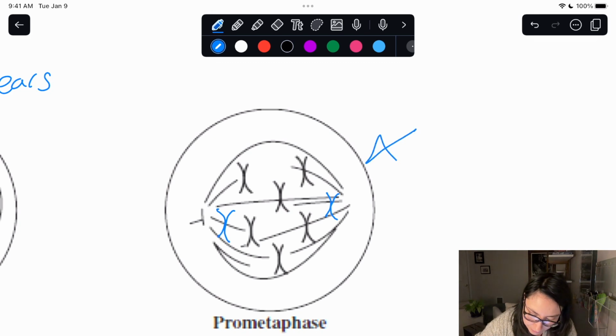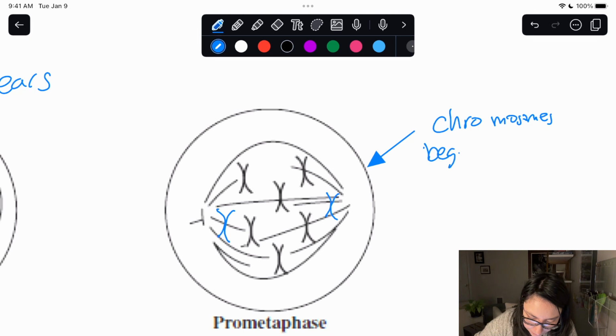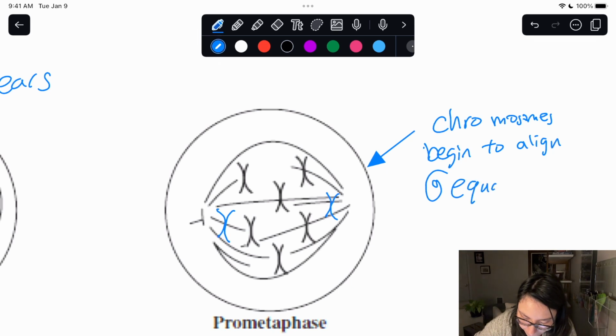And then I'll have a little arrow, and all you're going to say here is that the chromosomes begin to align at the equator, aka the metaphase plate.